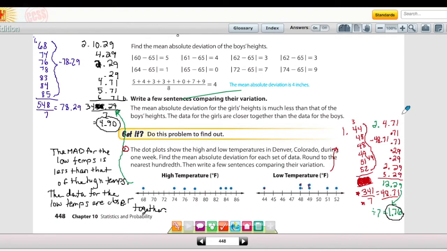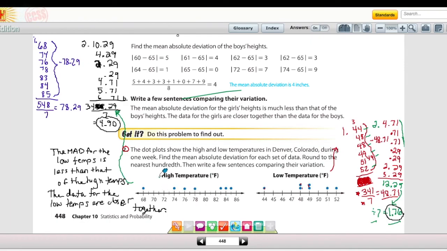Then I took each data point minus 48.71 and got these values. I added them all up and got 12.29, and then divided by 7 because there are 7 data points. My mean absolute deviation for the low temperatures was 1.76.